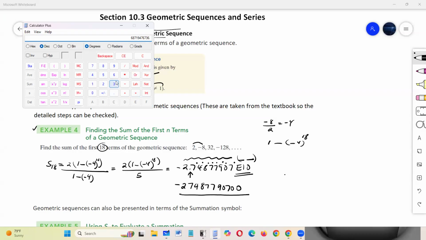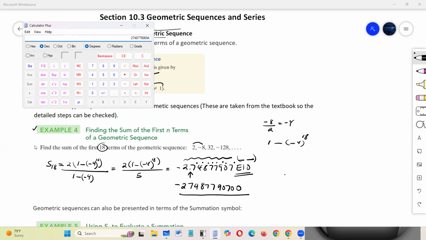This number I have to subtract from 1. So I'm going to do 1 minus it, but the answer is going to be negative, obviously. And this I'm going to divide by 5. And then I'm going to multiply by 2. So this is my correct answer.